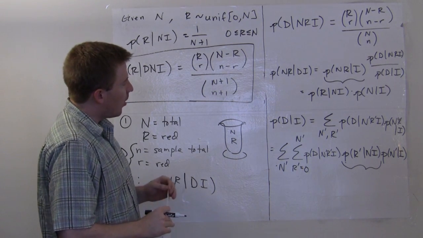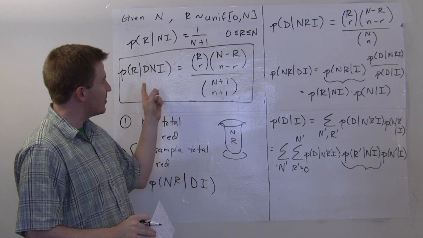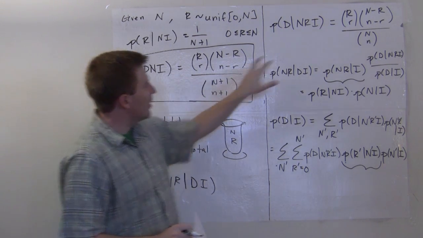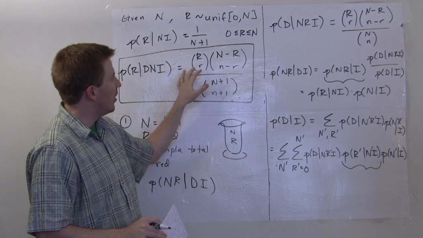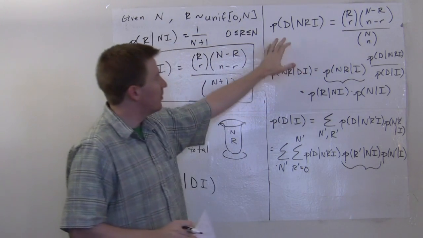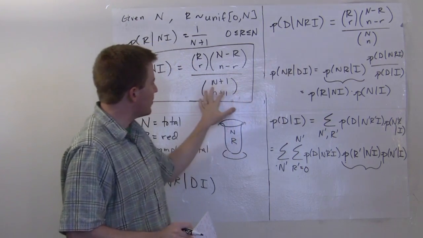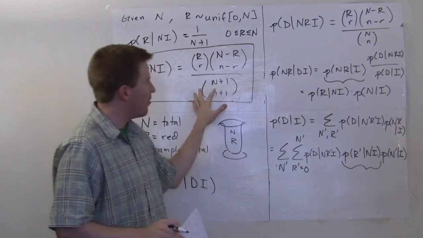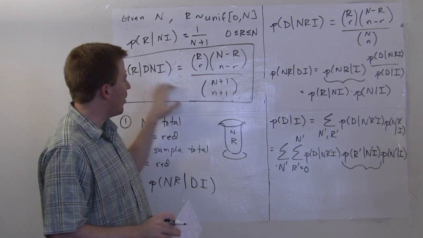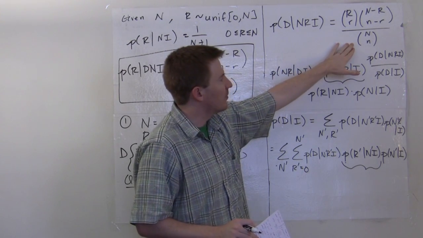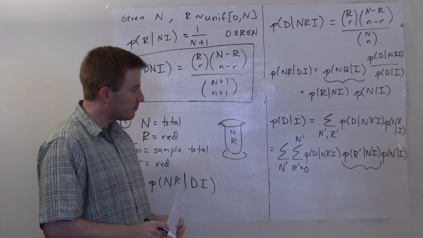And what I think you should take away from this is that this looks a lot like this expression. In fact, the numerator term is identical to this data likelihood as a function of n and r. The only thing that's different is the denominator, where we have a different scaling factor. This number doesn't depend on r, but it is a slightly adjusted scaling factor of this data likelihood.